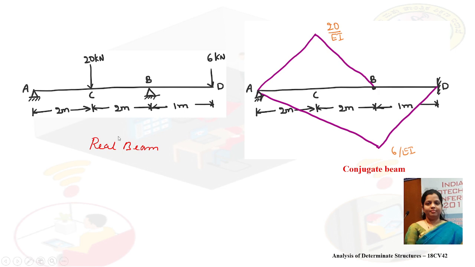The free end in the real beam, that is at point D, is transformed into a fixed end at D, as you can see in the diagram. So this is the conjugate beam, again loaded with the M by EI diagram.